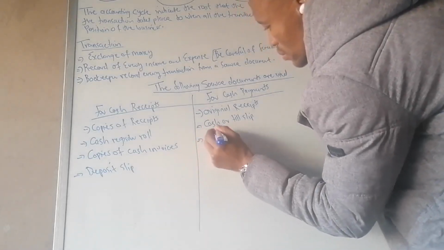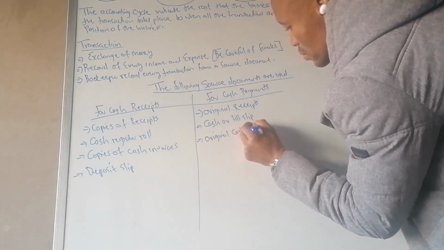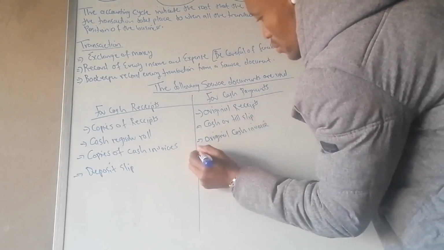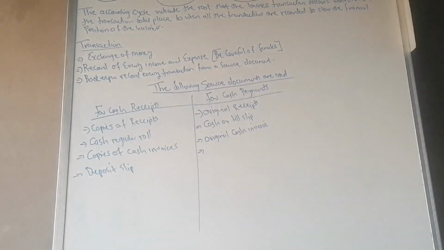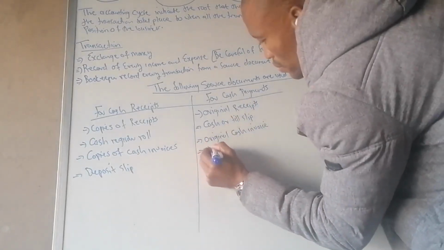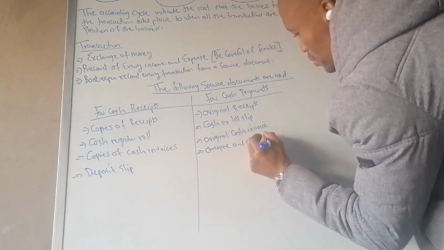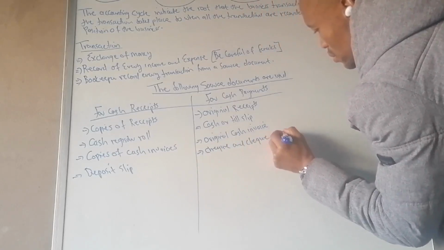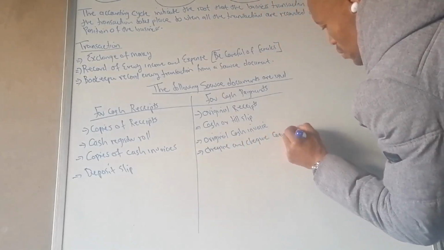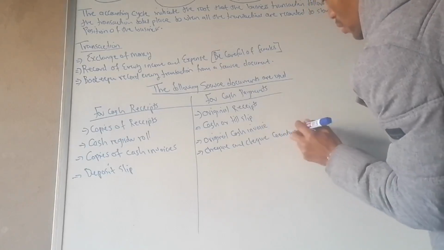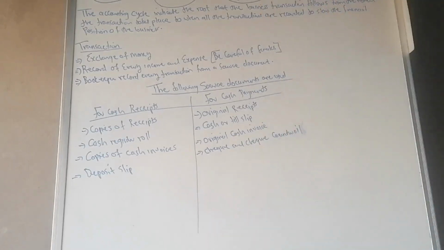And then if kamana re sebedisa deposit slip, kamana re sebedisa check and check counterfoil. Cash and cash counterfoil, okay?